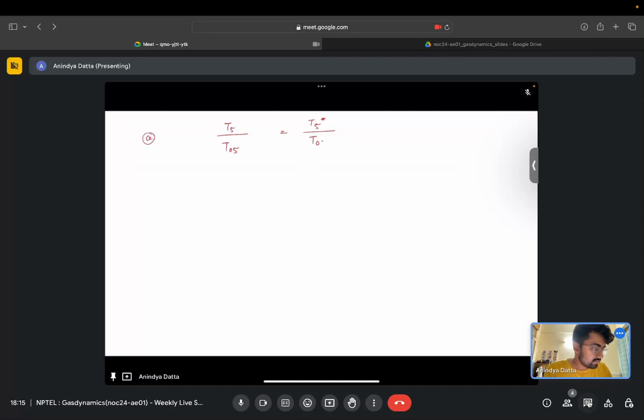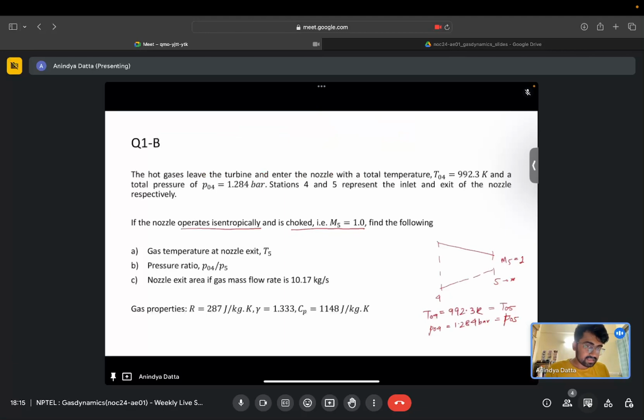We know that the star temperature to stagnation temperature ratio is given by 2 by gamma plus 1. Remember that in this case the gamma value is 1.333.